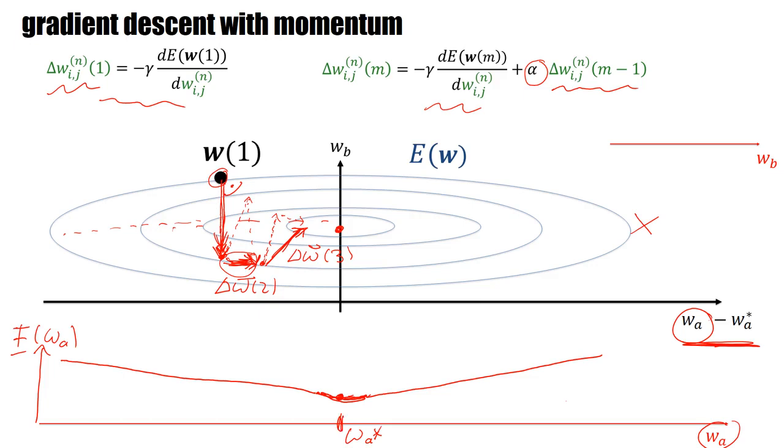I can do the same thing in the other direction. If I plot here again the error, but now as a function of WB, there's a minimum at WB star. And the difference now is that this is very, very steep.